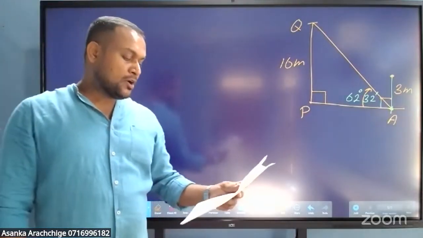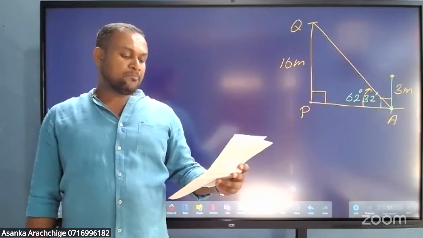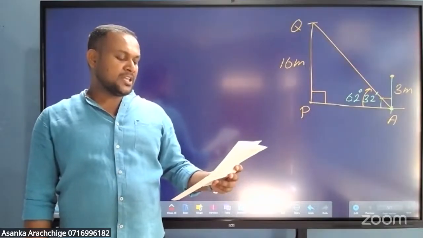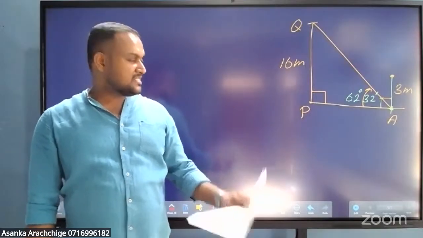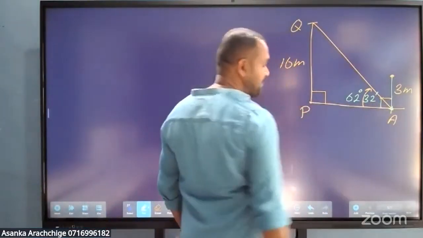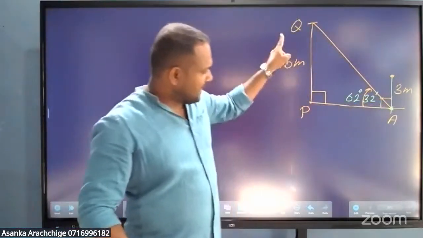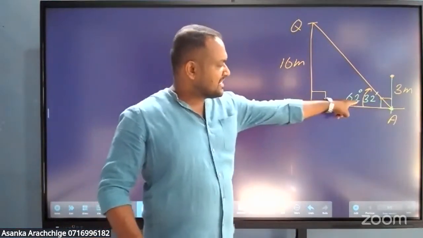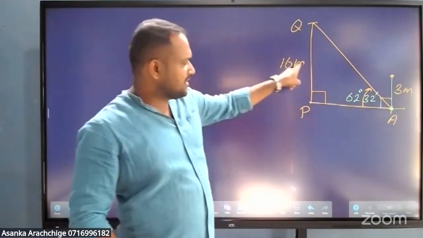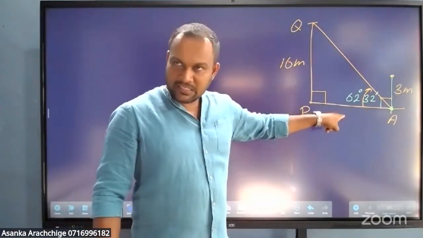Using the trigonometric ratios, find how far that cat is from the foot of the coconut tree to the nearest first decimal place, which means we have to find the length of AP. Fine. This is a right angle triangle. With respect to this angle, this is the opposite side. AP is the adjacent side.